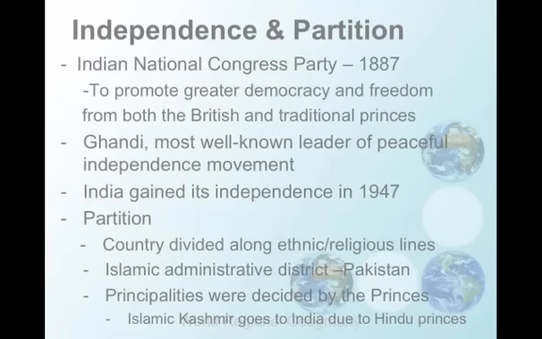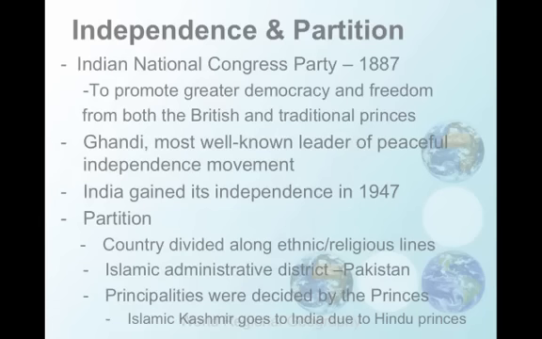So in 1947, when much of the South Asia region was split up, it was done so using what is known as partitioning. What happened was countries were divided along ethnic and also religious lines. So you have the creation of an Islamic administrative district, which at the time was known as West Pakistan and today is known as Pakistan.